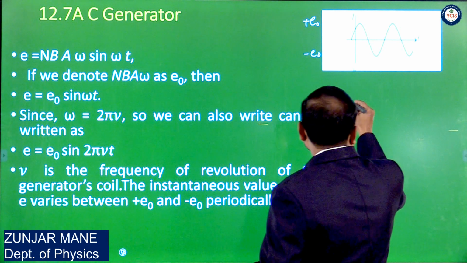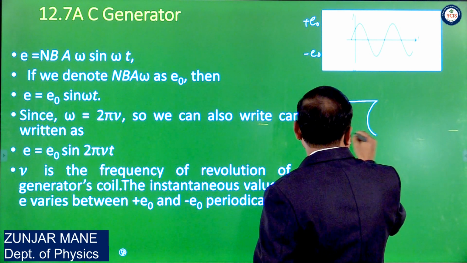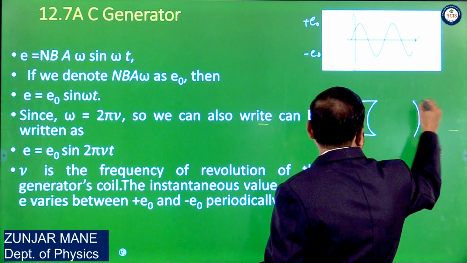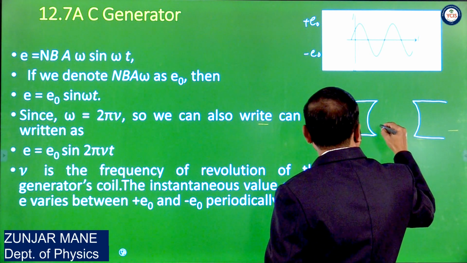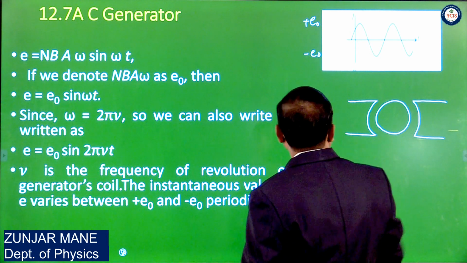If this is the magnetic field, there are concave pole pieces and the coil rotates in this way.